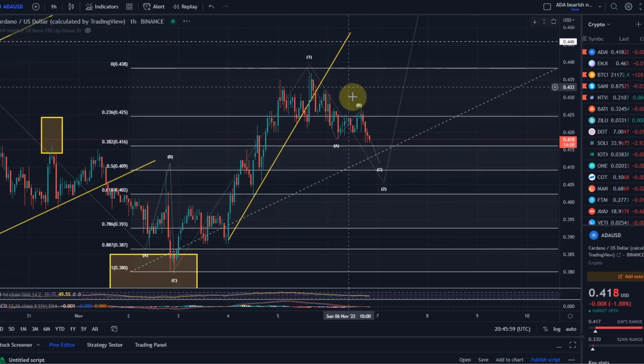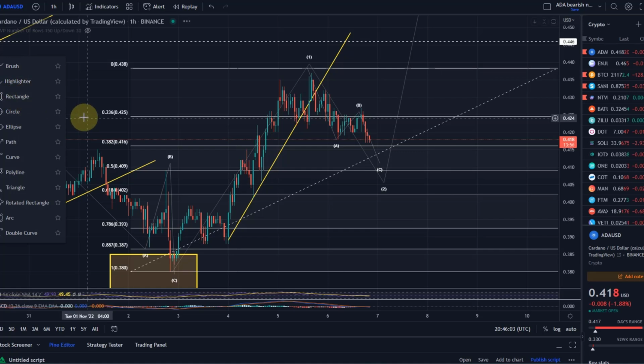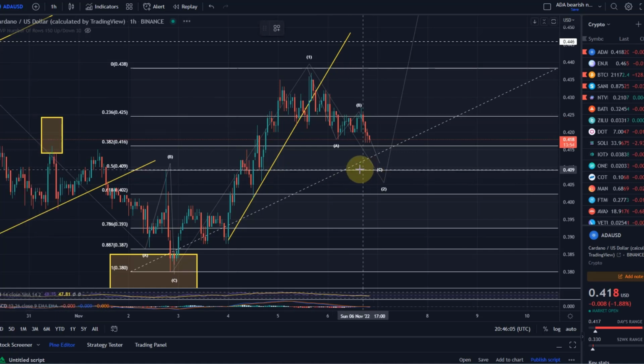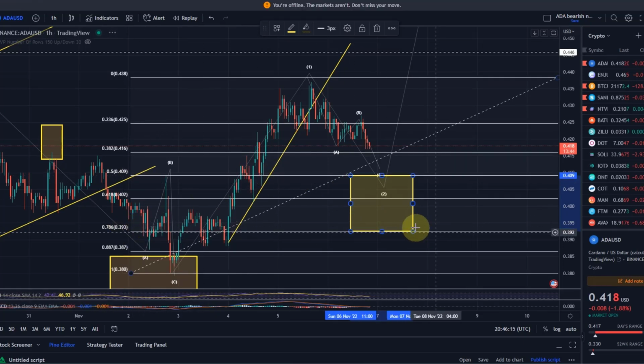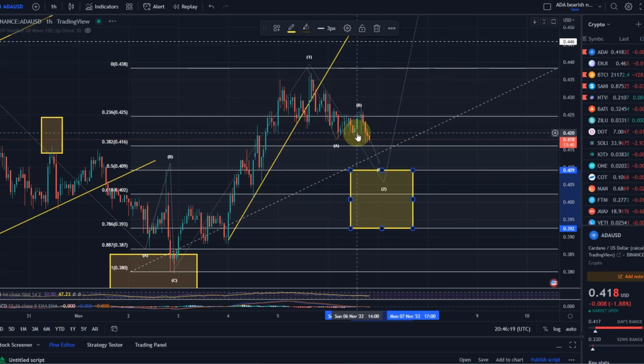So, generally for a wave 2, I would personally be always looking at the most likely support area, and that is between the 50% Fibonacci retracement and the 78.6, which is here in this case between 40.9 cents and 39.3. So that's one way of looking at it.